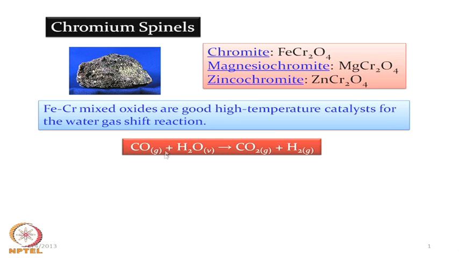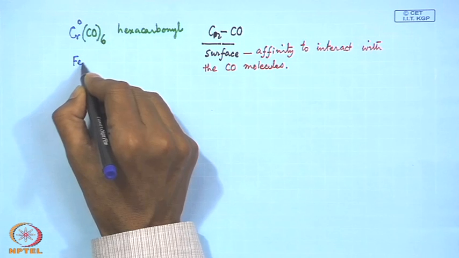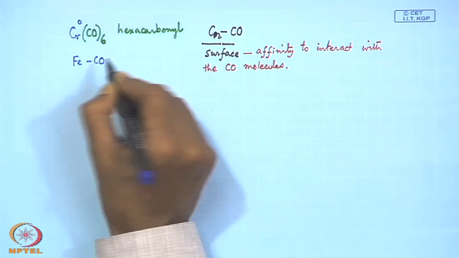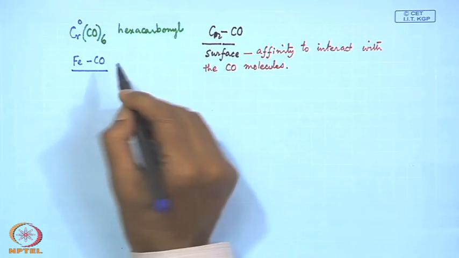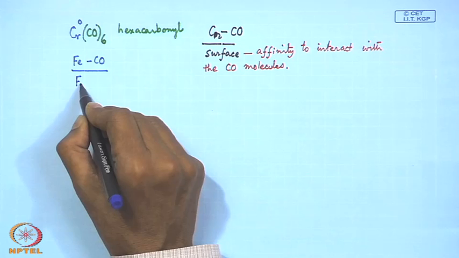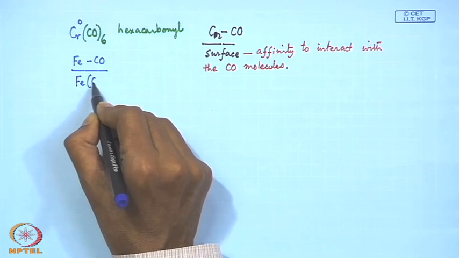So, if this carbon monoxide molecule can react with the chromium center, giving rise to some kind of interaction on the chromium surface, because this iron present, if it is present in the surface, this iron can also show some interaction with the carbon monoxide molecule, because this iron pentacarbonyl type of molecules are also very much stable and well known.